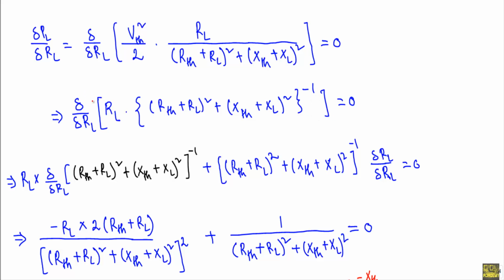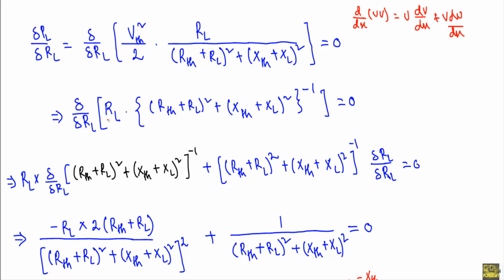Okay, now see, I can use the formula of d dx of uv, where u dv dx plus v du dx.